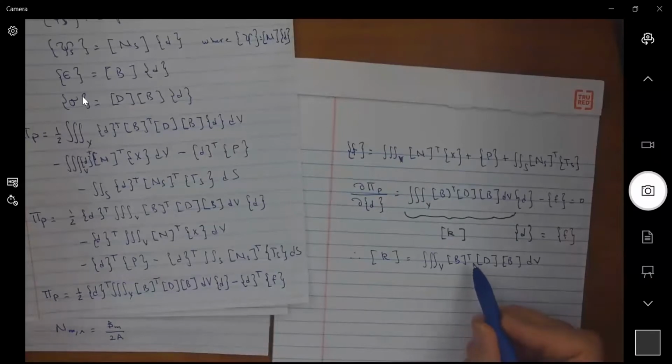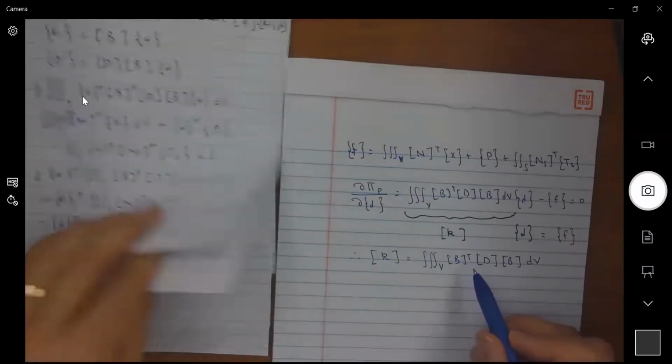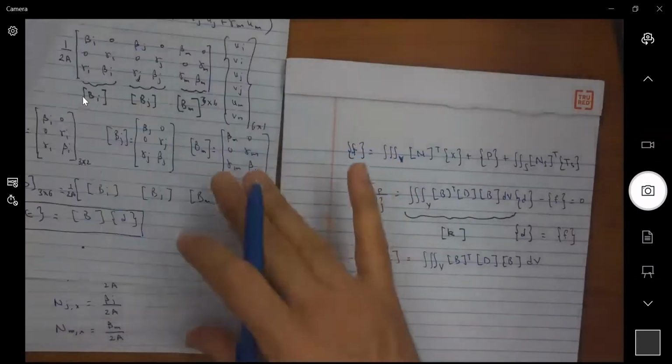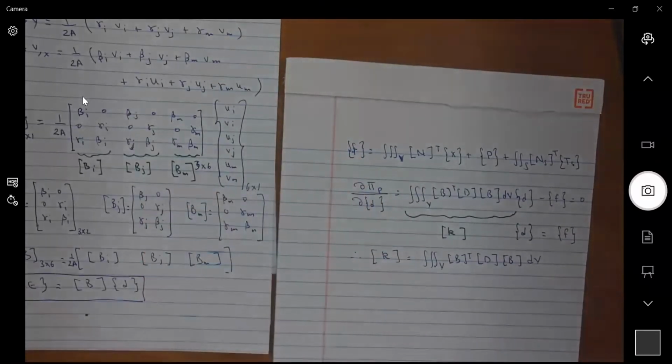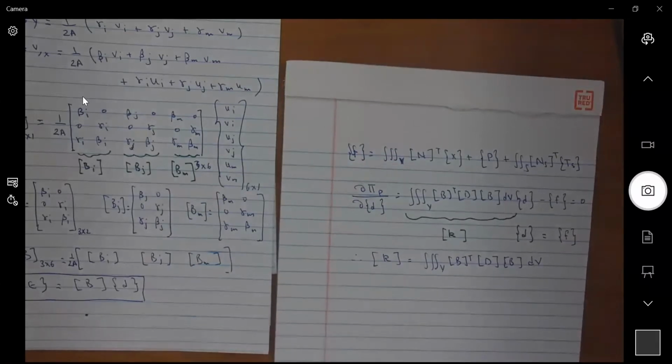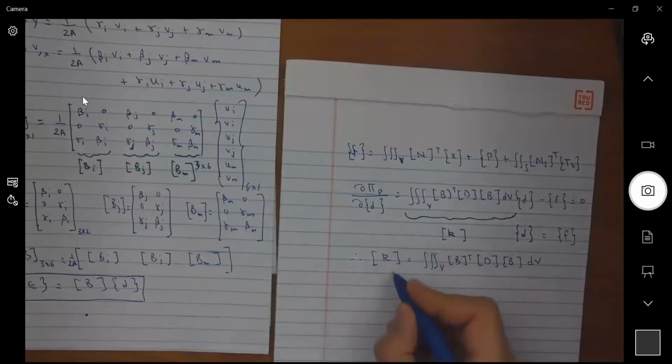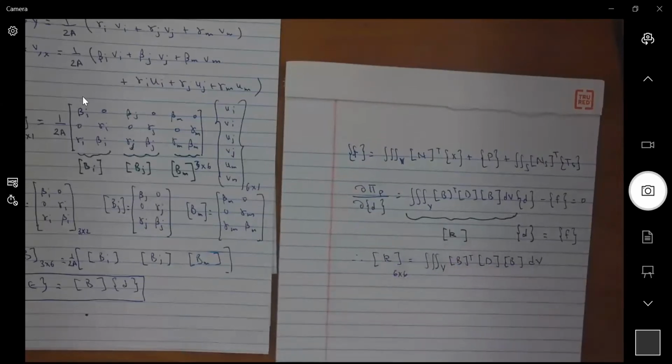B is a 3 by 6. But we have it transposed, right? So we'll be looking at a 6 by 3, 3 by 3, 3 by 6. So K is a 6 by 6.